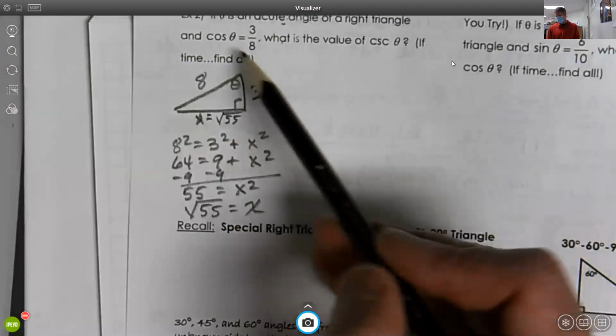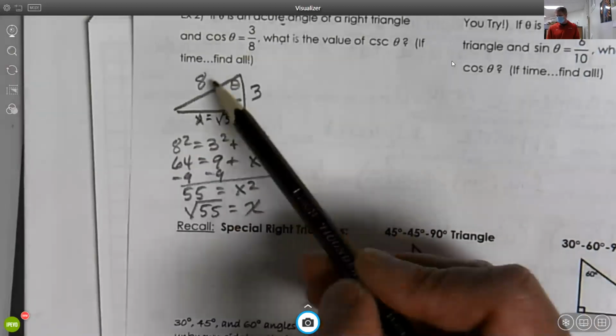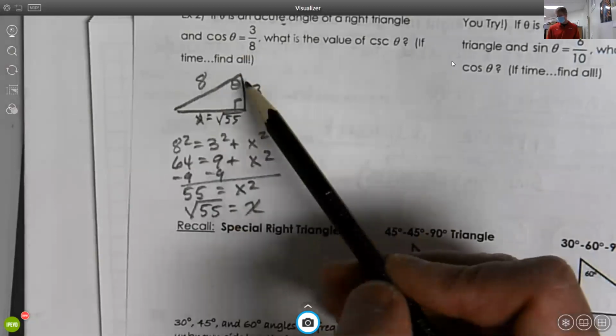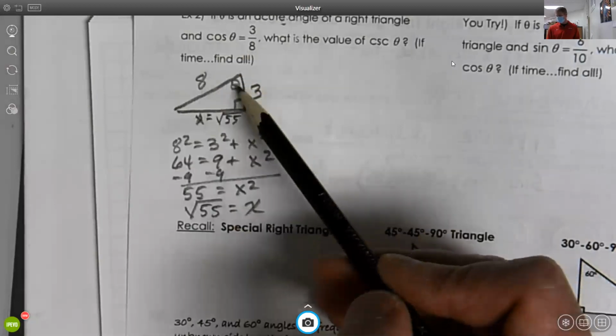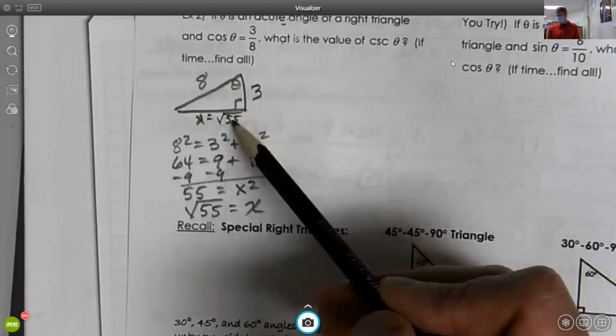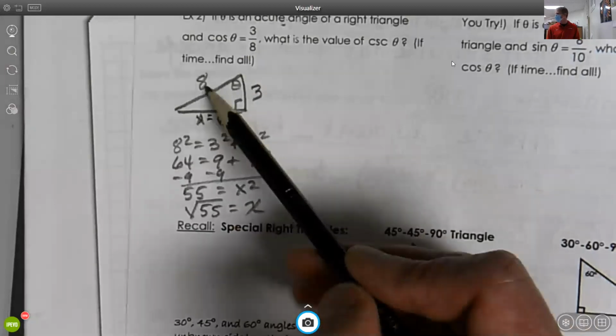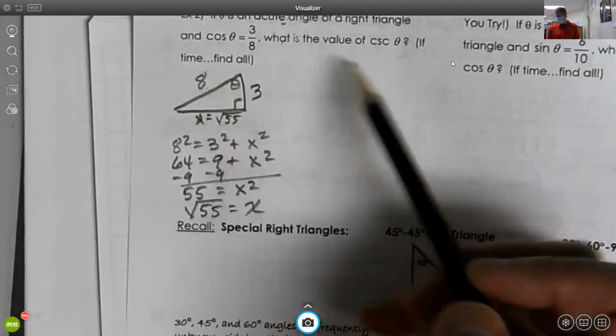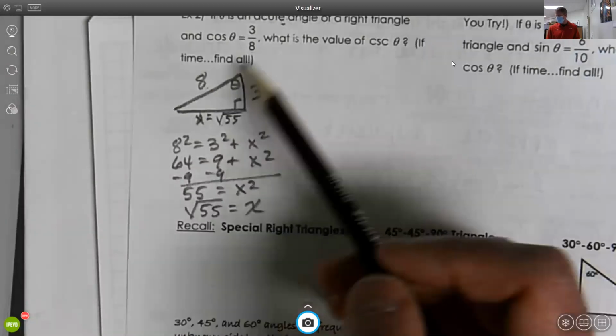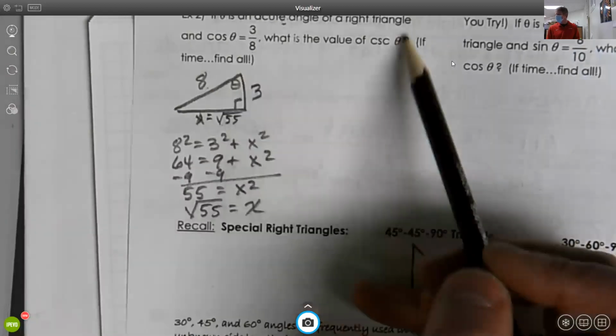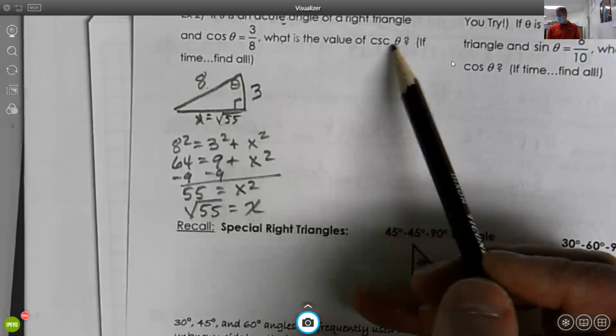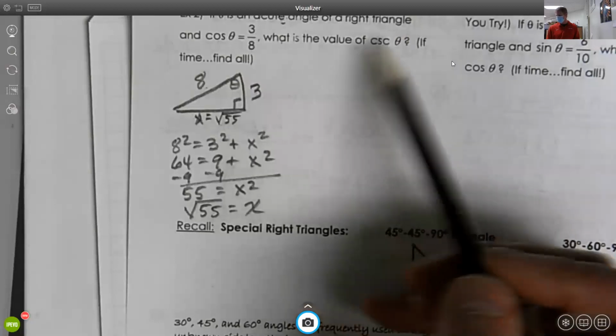So we know that cosine is 3/8. We would know that sine would be root 55/8. You could write that if you wanted to. I'm just going to focus on getting down to cosecant. Cosecant is the reciprocal of sine.